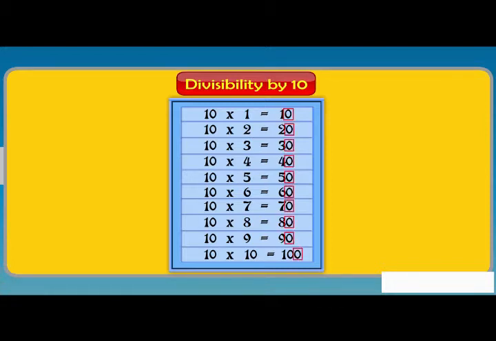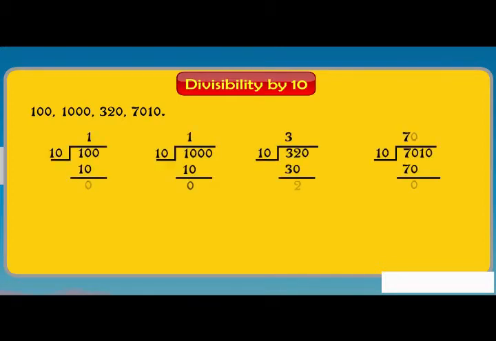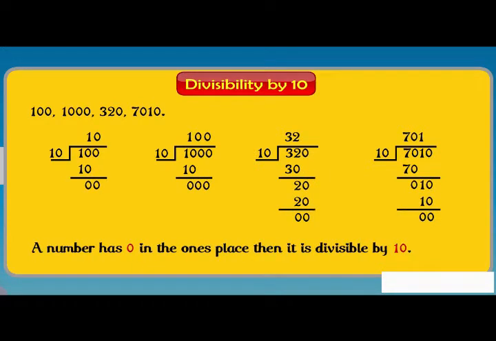Each of these numbers has 0 in the ones place. There are some more numbers with 0 at ones place like 100, 1000, 320 and 7010. These numbers are divisible by 10. Hence, if a number has 0 in the ones place, then it is divisible by 10.